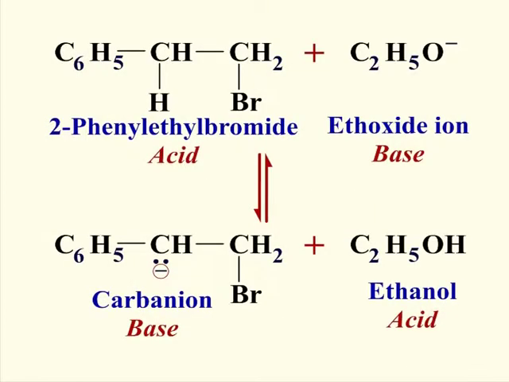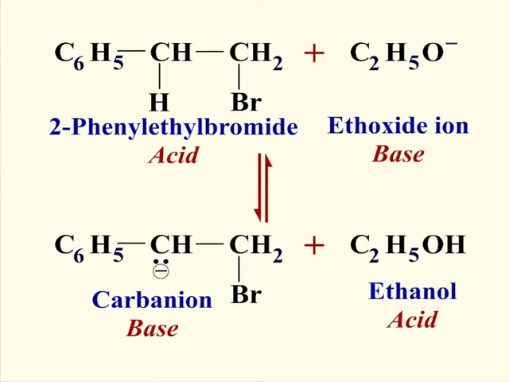As you see on the screen, formation of carbanions from 2-phenyl ethyl bromide would involve conversion of the base, that is, the ethoxide ion, into its conjugate acid, that is ethanol, which is also the solvent.